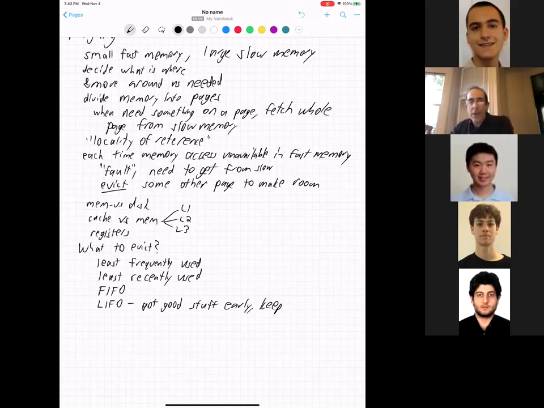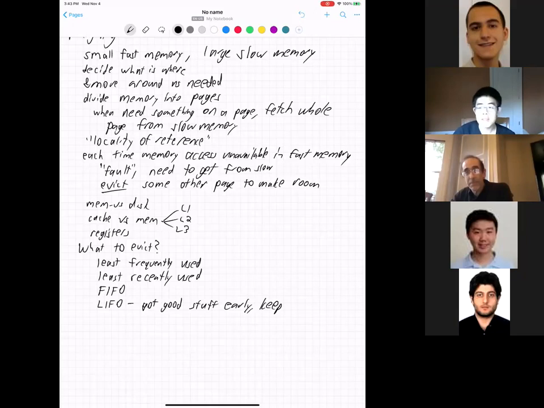There's one that we haven't talked about because it's not actually doable, but suppose that you were gifted with the gift of prophecy. What page would you want to evict? The one that's accessed farthest in the future.